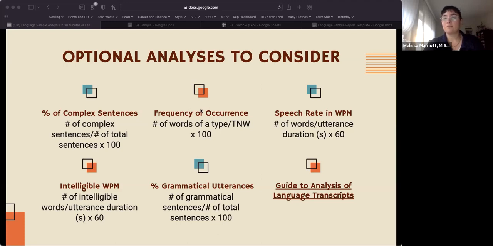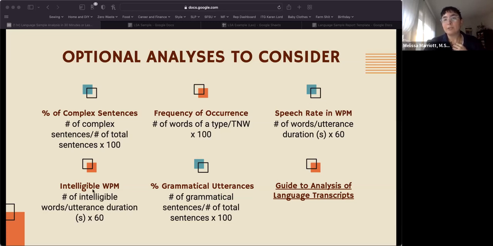Typically, the two most frequently occurring word types in a language sample are verbs first, and then shortly thereafter nouns, which makes sense, right? That's the real important content information in language. And I've seen students who had a really wild percentage, like 25% pronouns, for example. That right there is an indicator to me like, okay, there's something else that I need to look for in this sample, something's going on.